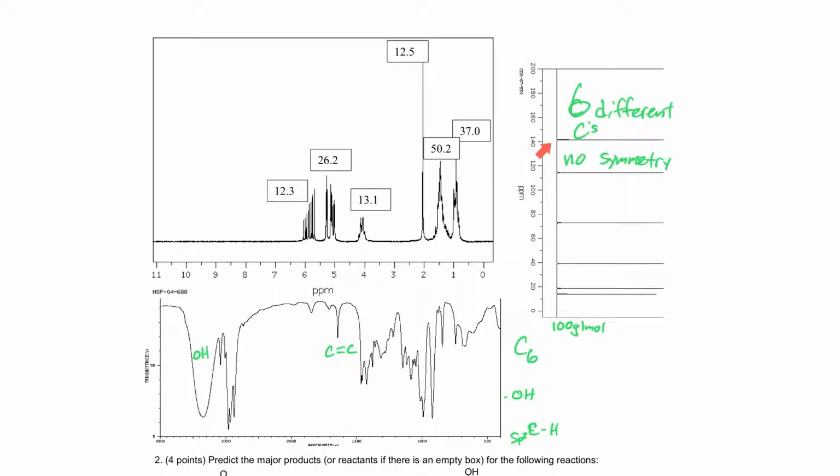I think I don't have an aromatic ring because that would require all 6 carbons, and I would have to have a totally unsymmetrical aromatic ring, but I don't think I have enough other substituents to make this ring unsymmetrical. So I think these are just part of the CC double bond that I observed on the IR spectrum. So I haven't really got a lot more information from the carbon. I know that this is a CO, and I know that these two are probably part of the CC double bond.